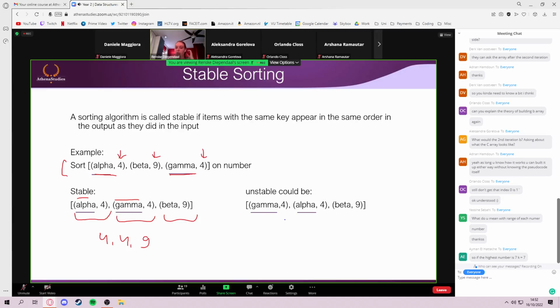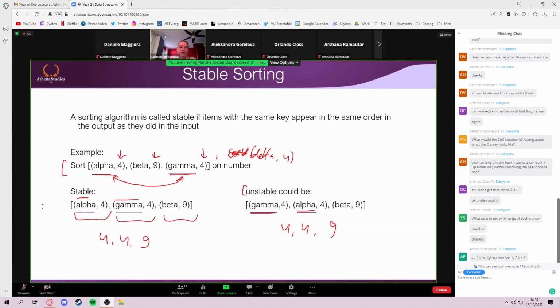Right, but you can also sort it this way, because the 4s are the same, so they don't really have an order. And over here the gamma appears before the alpha. So the order is sort of switched around, right? So this is definitely unstable. This seems stable for the moment, but you never know: if I were to add another number, let's say this one is also, oh sorry, delta 4.